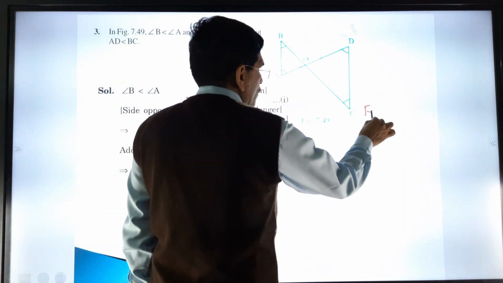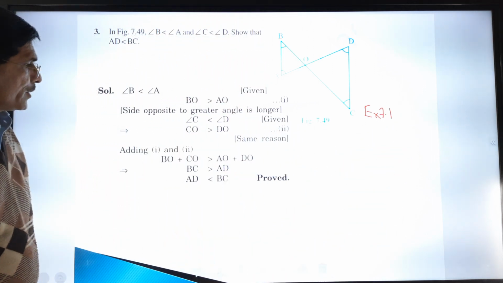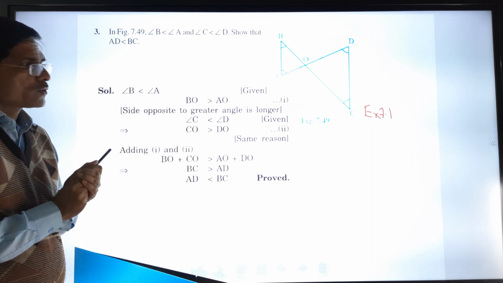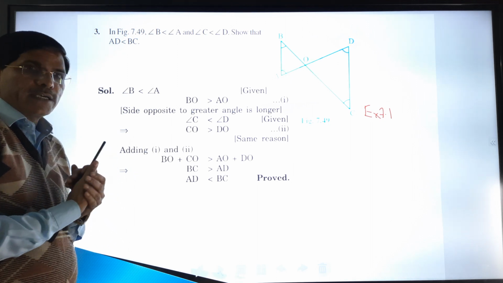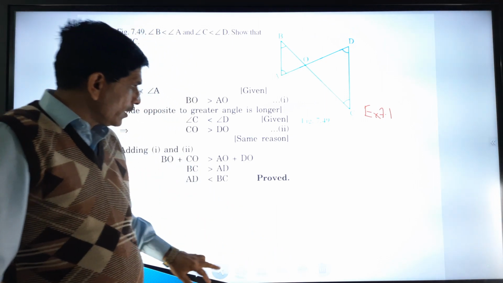In your fair book, you have to write exercise 7.1, 7.2, 7.3, 7.4. So this is the last lecture related to this chapter. Now we go for the next.